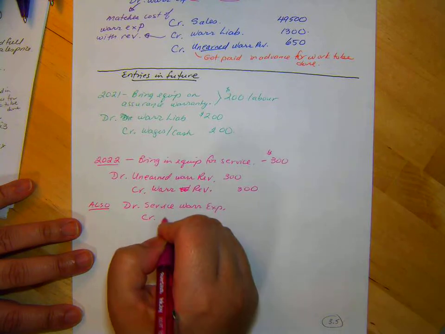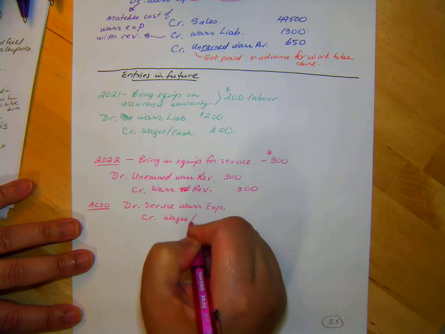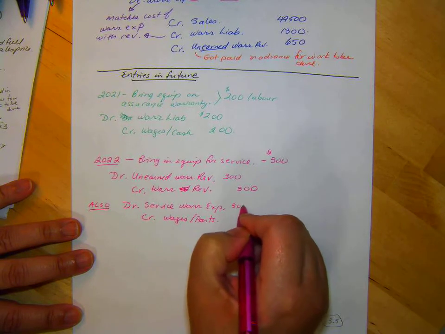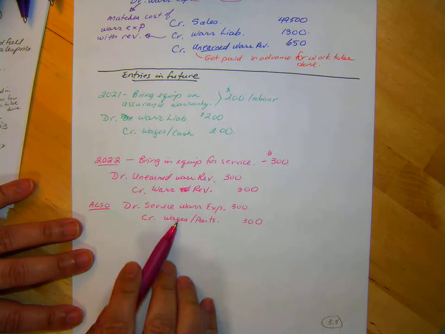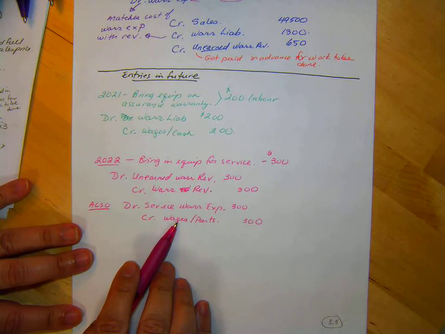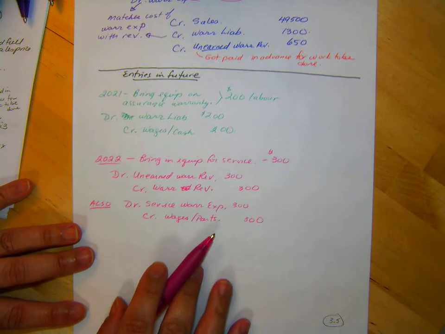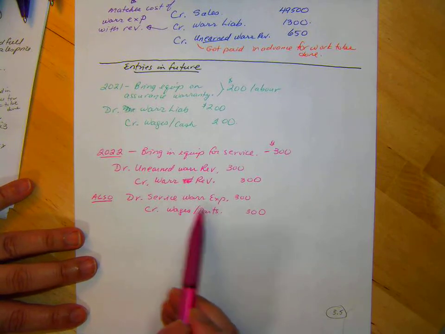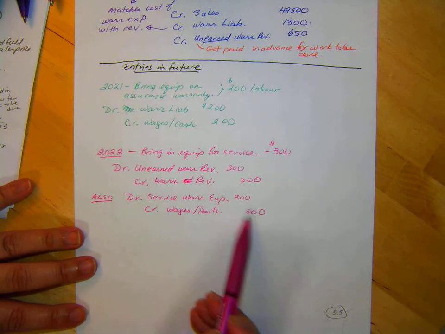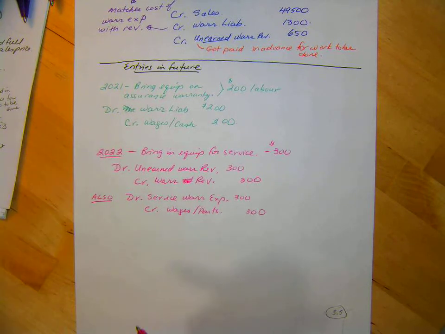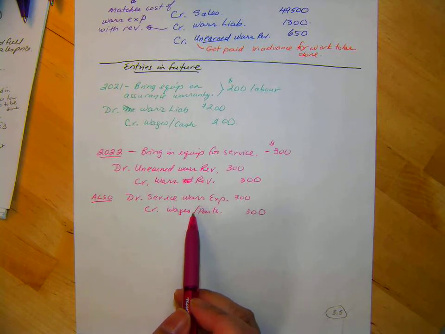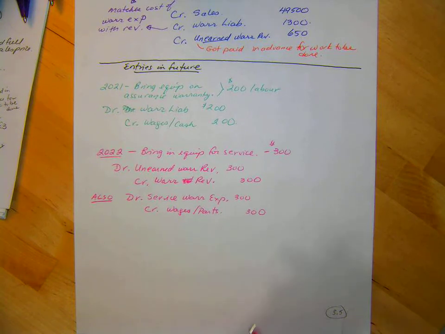Service wages or something. If it needed parts, something like that. And it would be $300. Now, if the question were specific, wages were $200, parts were $100, you have to split it up. But a lot of times with warranty questions, they'll just combine them. Wages, parts, whatever. Okay? But watch what accounts they give you in case you need to split it up.